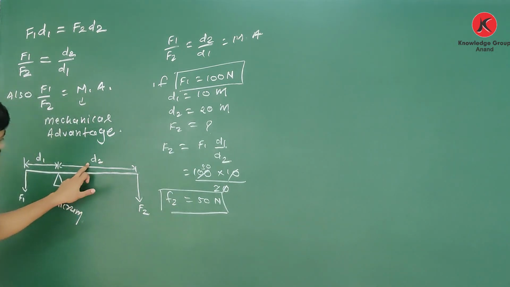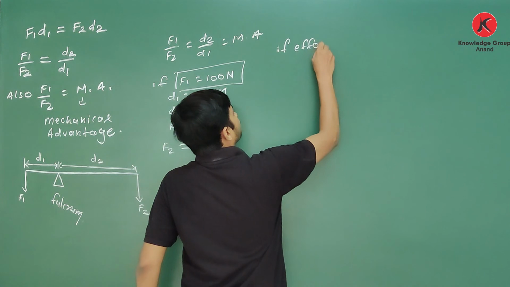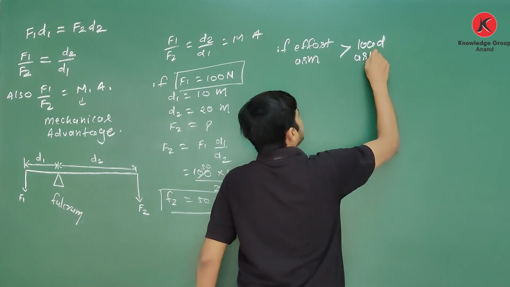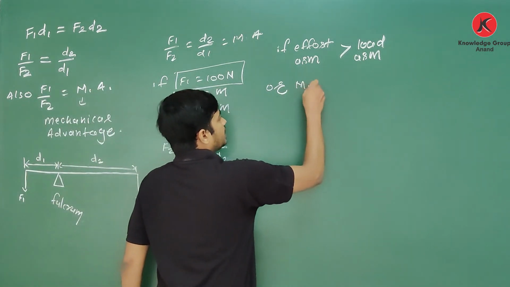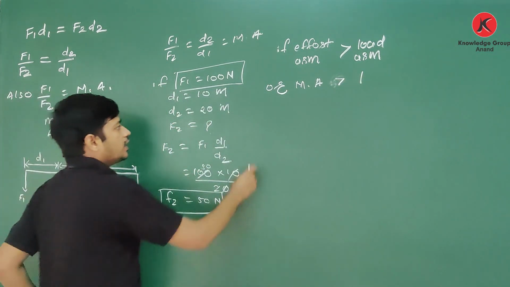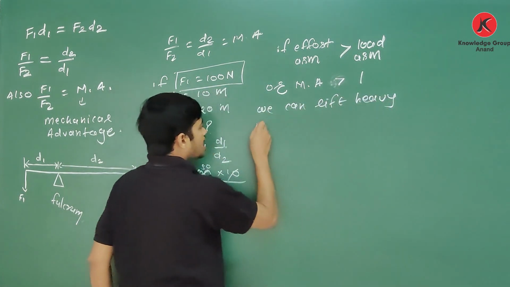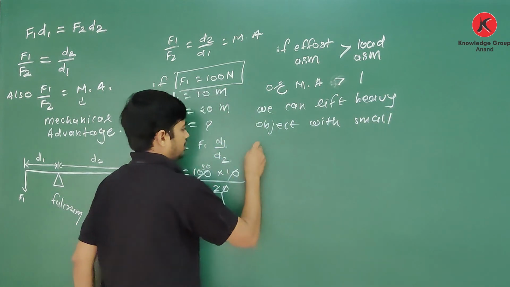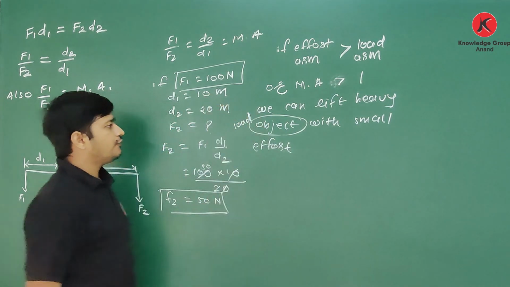But when the effort arm is greater than the load arm, or mechanical advantage is greater than 1, we can lift a heavy object, or you can say a heavy load, with small effort.